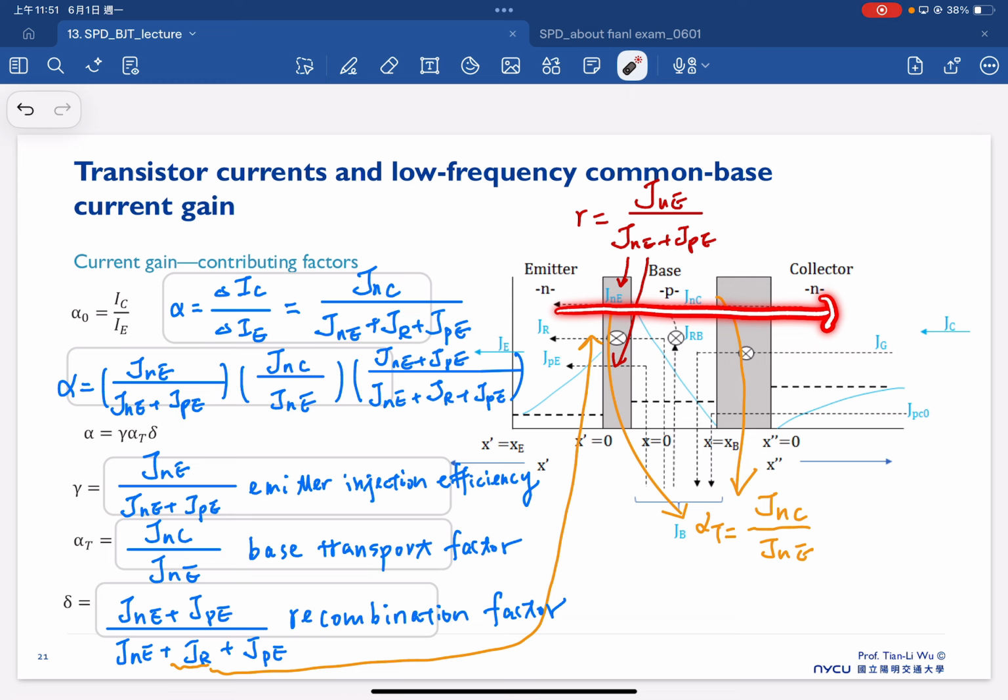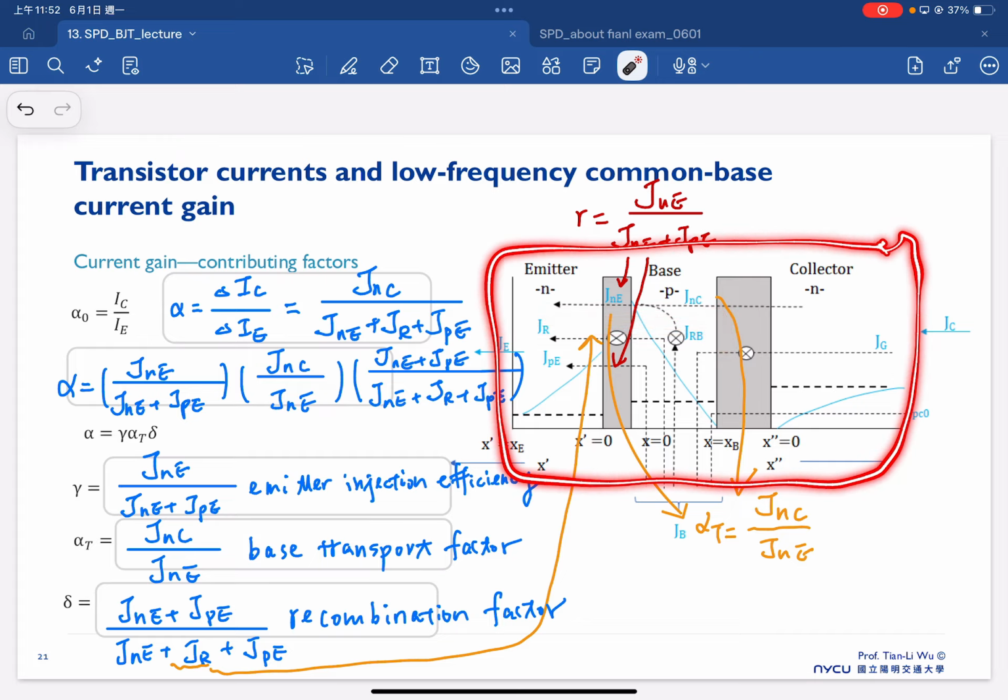I think that's pretty straightforward. If we have a higher concentration in this region, for sure we will have more electrons being injected, right? If you rethink about this schematic, all the conclusions are very straightforward.